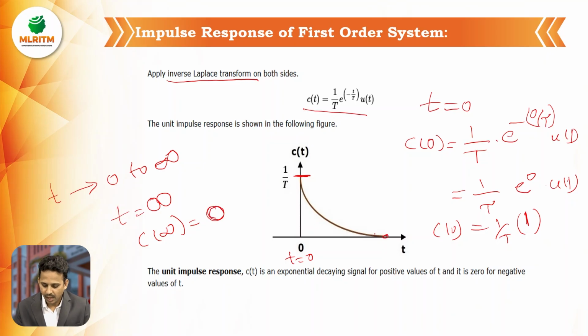It means as time progresses, the response of the system is decreasing. At t is equal to infinity, it will become 0. So this is the impulse response of a first order system.